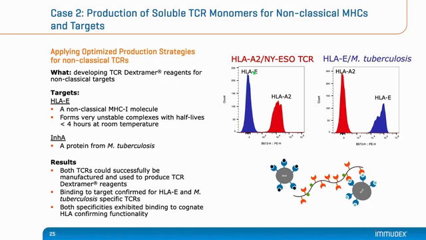And if we flip the question and we ask whether the HLA-E complex is specifically recognized, we also see that the A2 TCR specifically recognizes only its cognate complex and not the unrelated HLA-E complex. So we can say that we've been able to produce both of these TCRs, and we can show that they are specific for their cognate targets and don't bind to other unrelated MHC specificities.